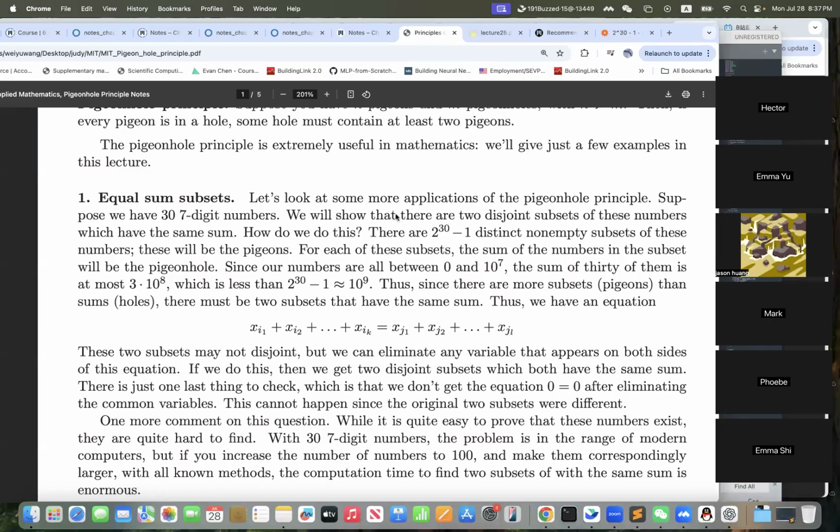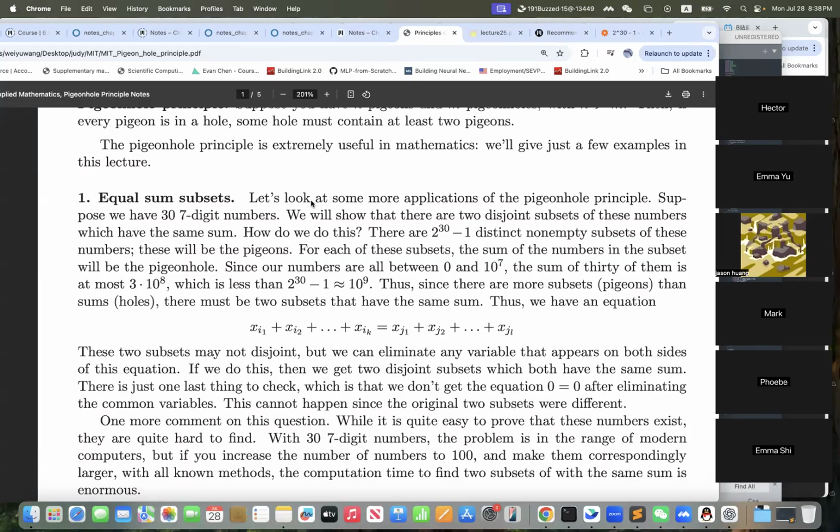So this means that given any 7-digit numbers, you can always find some group of numbers, and another group of numbers. And these two groups don't have repeated numbers, and their sums are equal. So this is our finding.